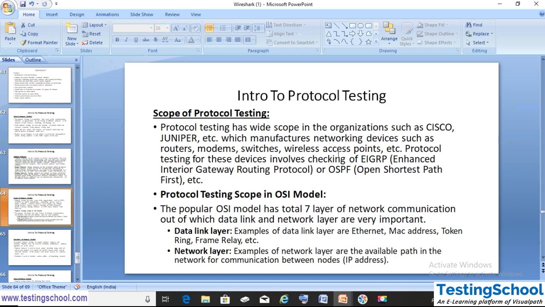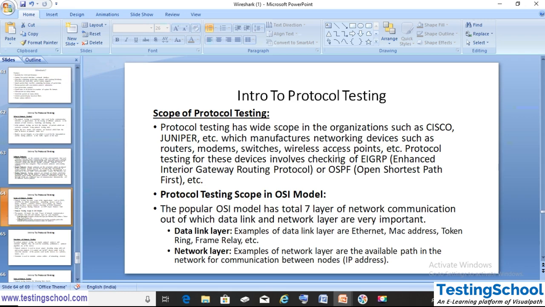So for every protocol they will perform this protocol testing. Suppose in the previous version X, it was supporting 10 protocols. In the new version Y, now it is supporting 15 protocols. So now for all 15 protocols, you have to perform this protocol testing.